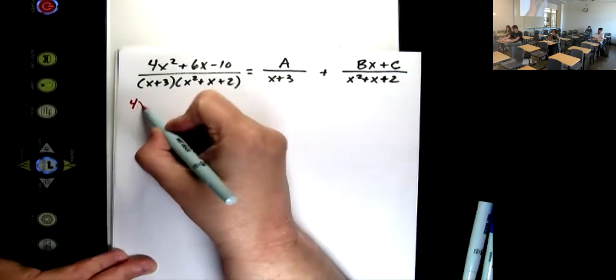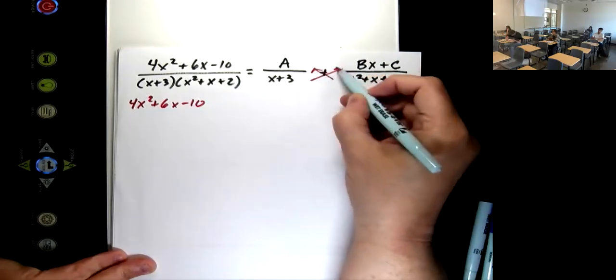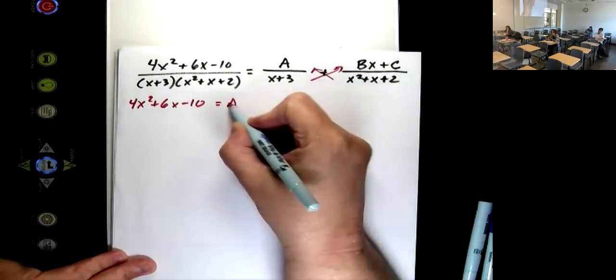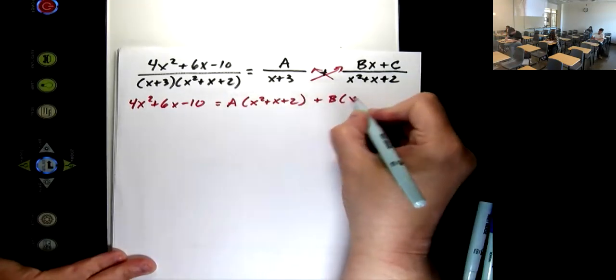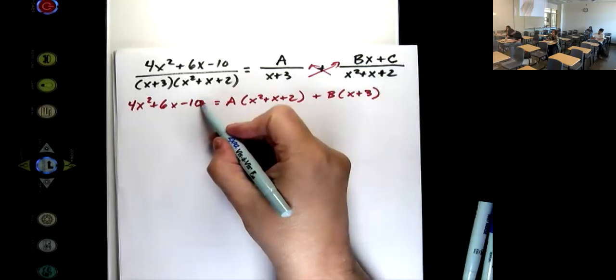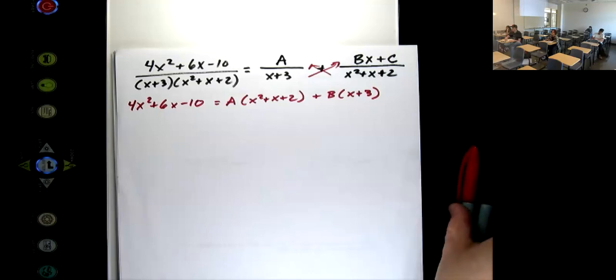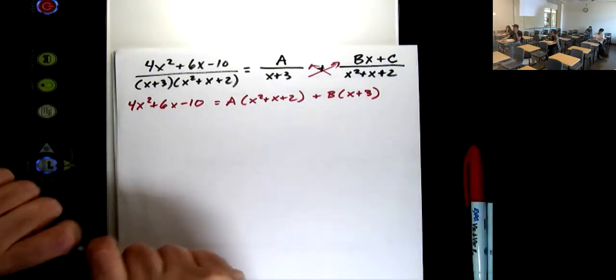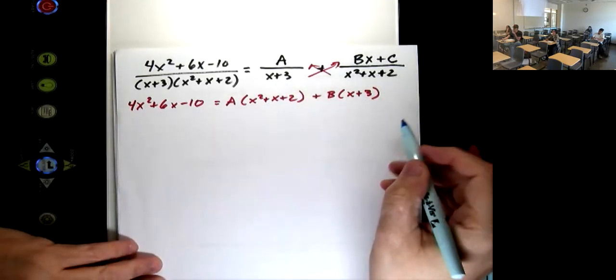Again, we're going to clear fractions. Here, it's kind of like we do this because there are only 2 fractions. This is a times x squared plus x plus 2, plus b times x plus 3. I want to exploit the zero-out trick so I don't have to do a system of equations.